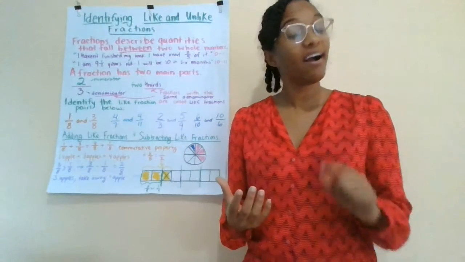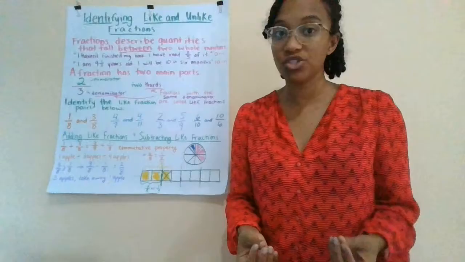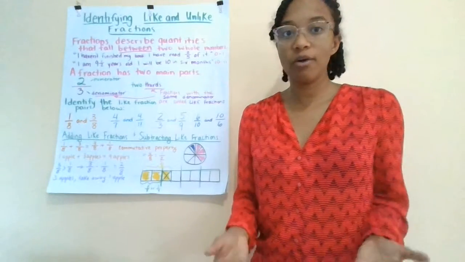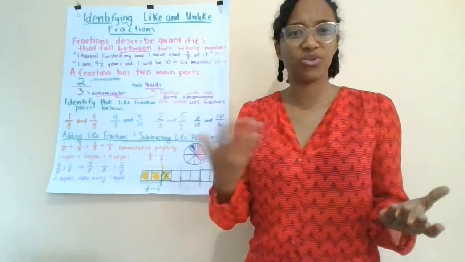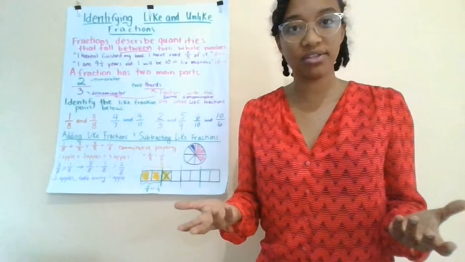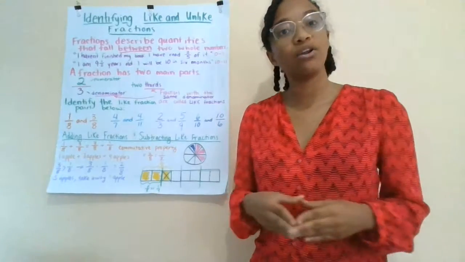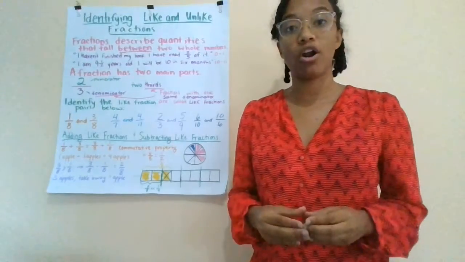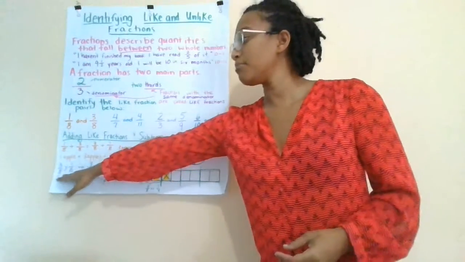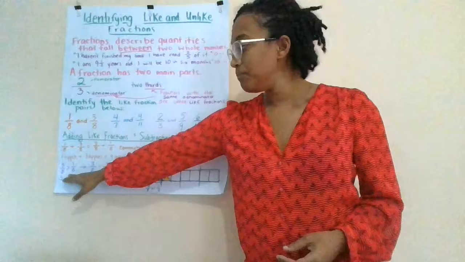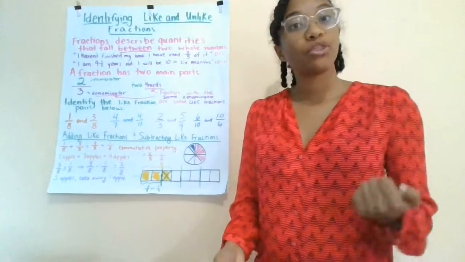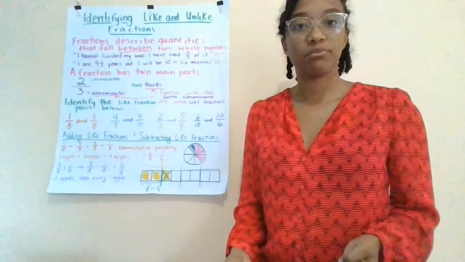Well, remember, because they are like fractions, we can compare them just like we would apples. How many apples is more, 1 apple or 3 apples? Well, 3 apples, of course. So if 8ths are actually the same quantity, we know that 3/8 is more than 1/8. So I've written that comparison here with our greater than sign. That means we're going to put 3/8 first in our subtraction problem.